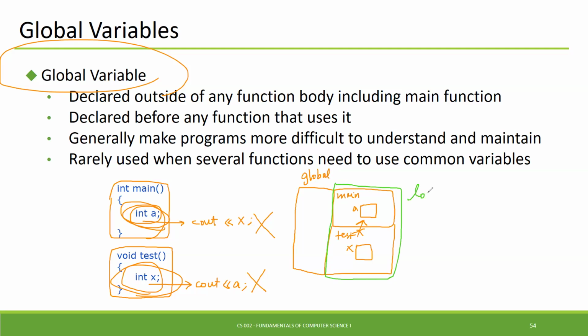So there are two different areas. This is for the local variables. If you make a variable in the global area, then main and test can share the variables in the global area. This is a global variable.